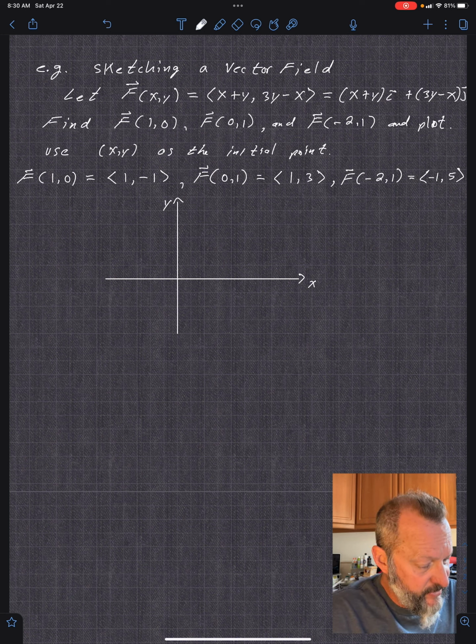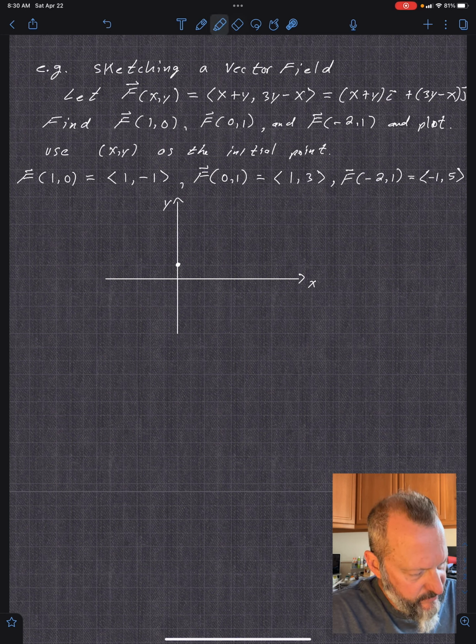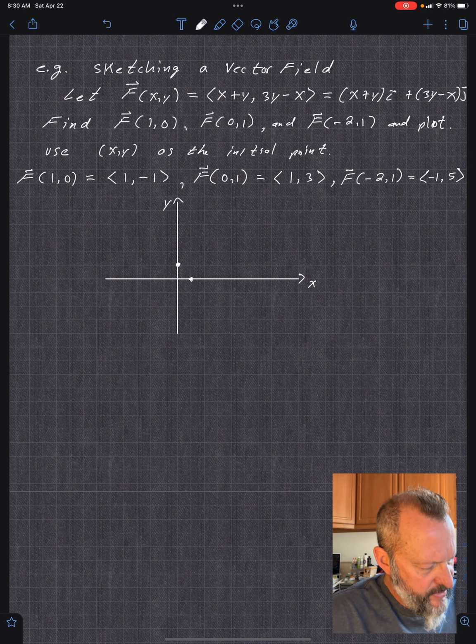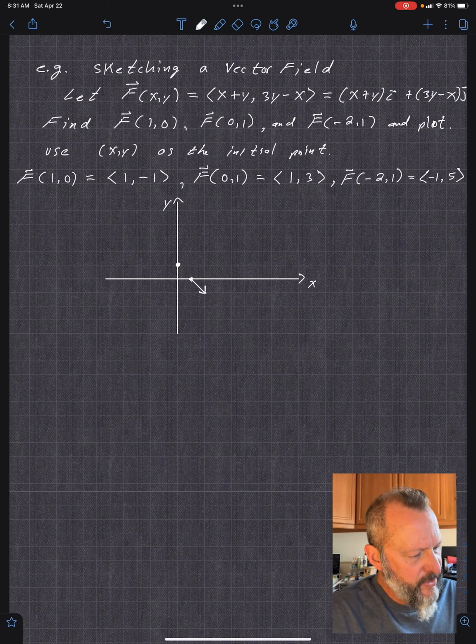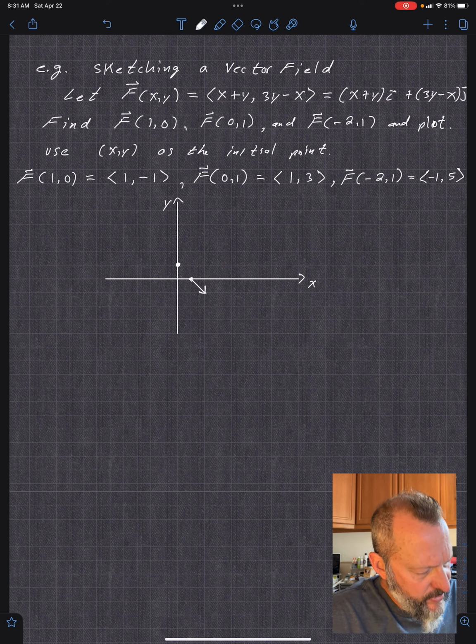So the first vector is at 1, 0. Oh, sorry, 1, 0 is down here. Okay, so 1, 0, and it's 1, negative 1, so over 1, down 1. So there's your first vector. Then you'll have 0, 1, which is the next point I just drew, and then it's 1, 3.